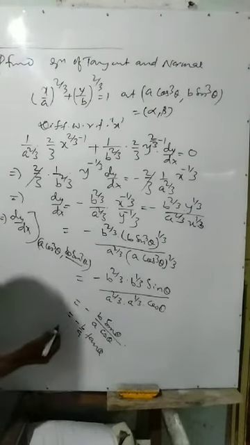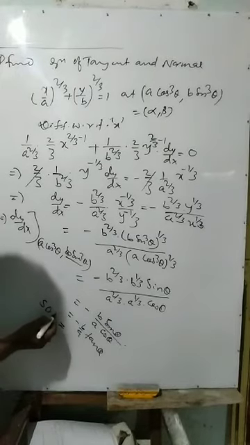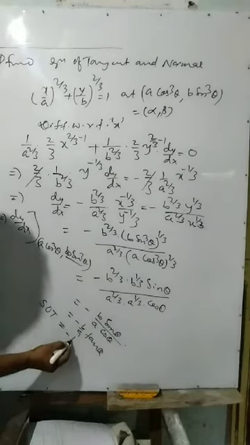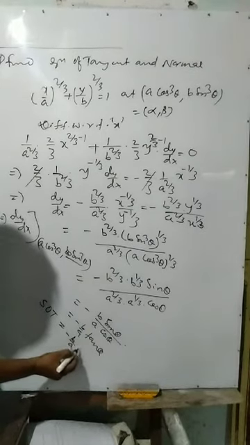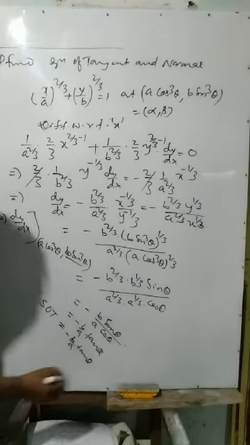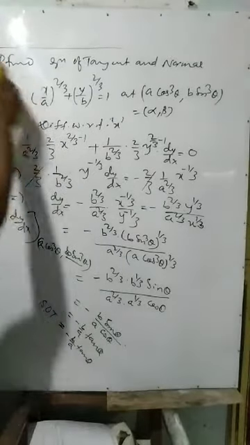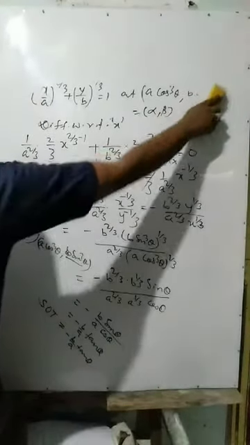Next one, dy by dx, this is the slope of the tangent, SOT. SOT means slope of the tangent, equal to minus b by a tan theta. Now we'll find the slope of the normal.